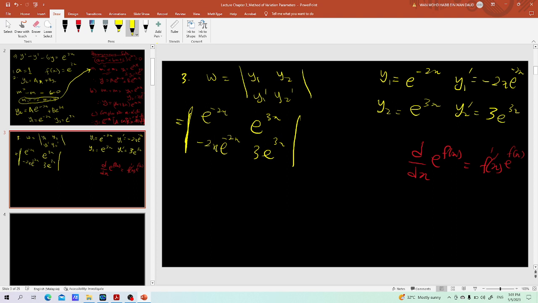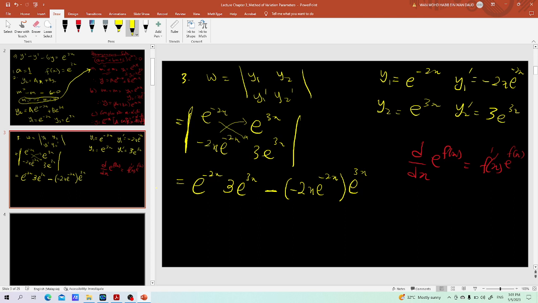So we multiply this and subtract this one. Okay, e^(-2x) times 3e^(3x), minus negative 2e^(-2x) times e^(3x).